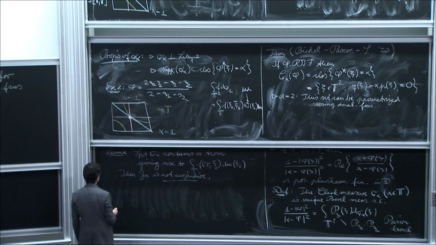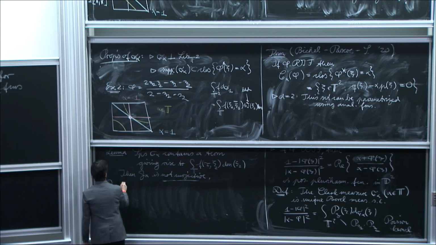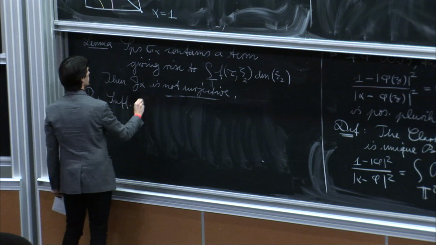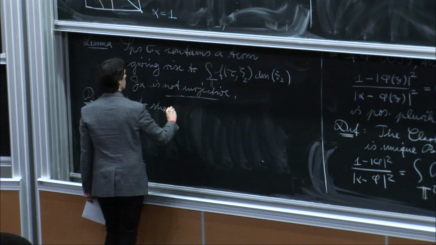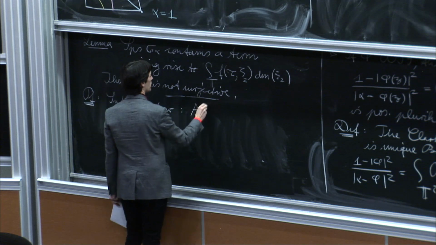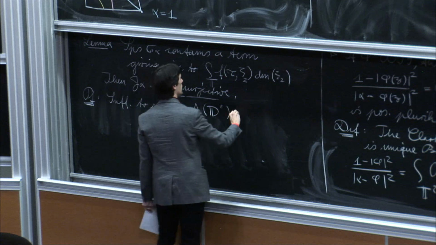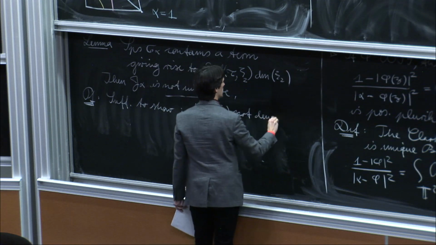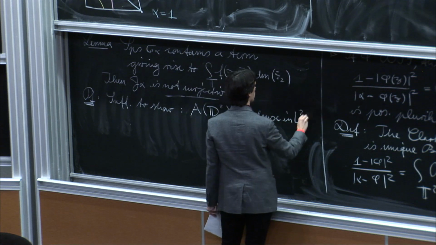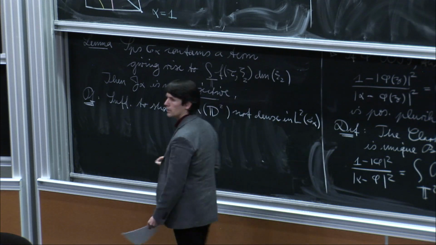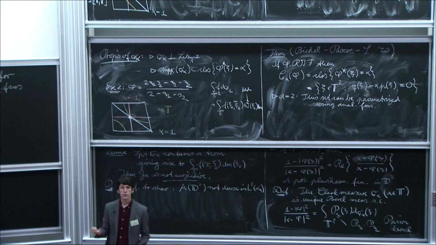And the argument is as follows. It suffices to show that the bidisk algebra is not dense in L2 of sigma alpha. That turns out to be an if and only if condition.